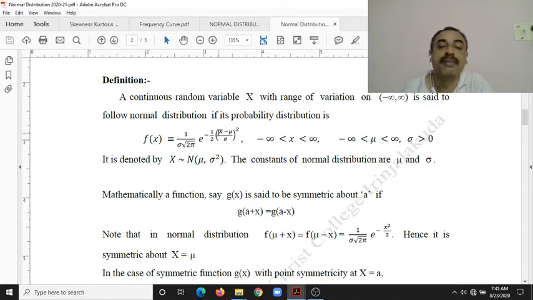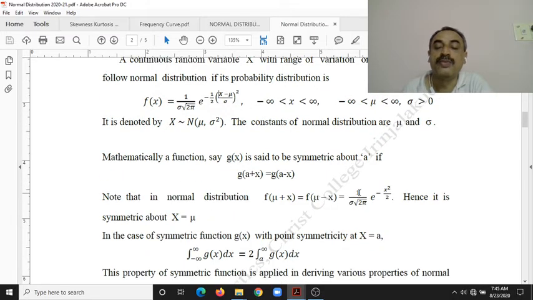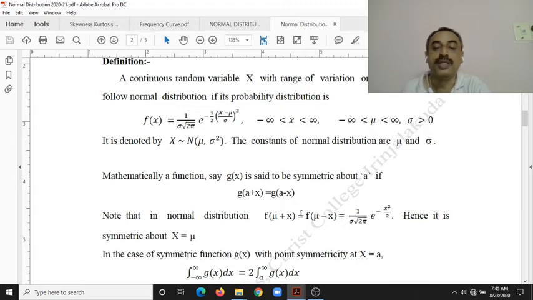In both cases, mu and minus mu will cancel each other. Therefore, f(mu + x) is equal to f(mu - x), and this value will be 1/(sigma root 2 pi) e^(-x square/(2 sigma square)). This shows that the normal distribution PDF is symmetric about x equal to mu. Later we can examine the same thing using statistical measures. Mathematically we observe that the function is symmetric about x equal to mu.